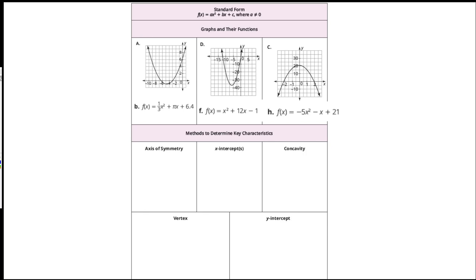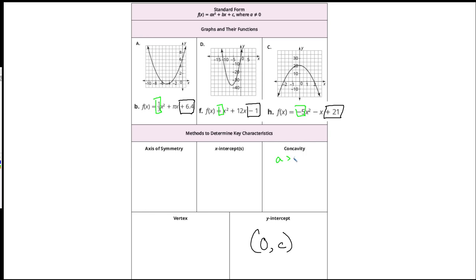So in standard form, that's when everything's all multiplied out, and we can find our y-intercept by 0, comma, your c value, which remember c is this number that's added or subtracted from the end. You can find your concavity by your a number, the number that's multiplied times your x squared.